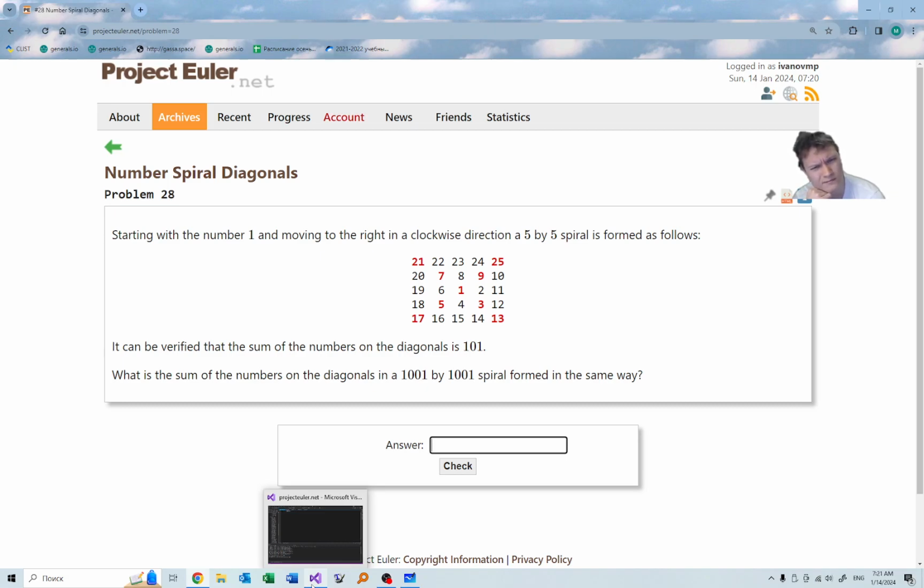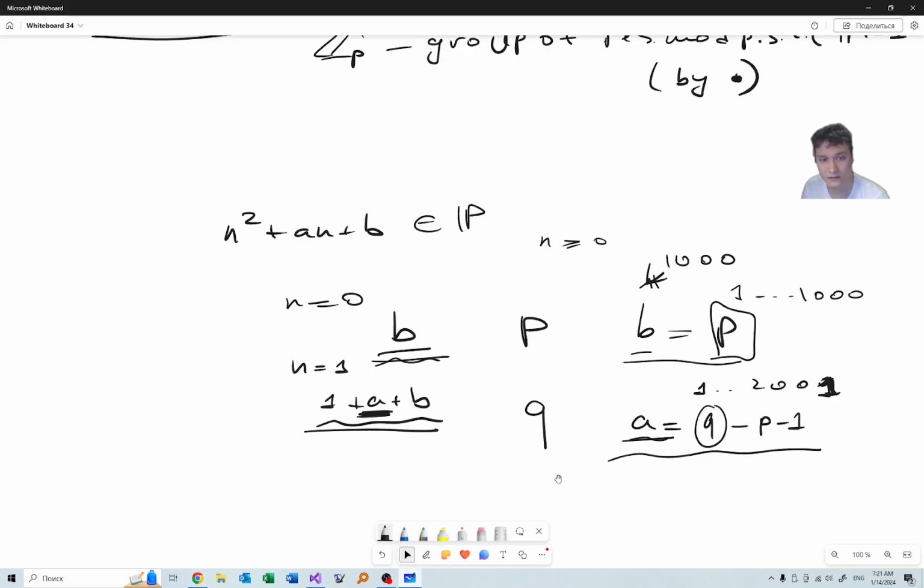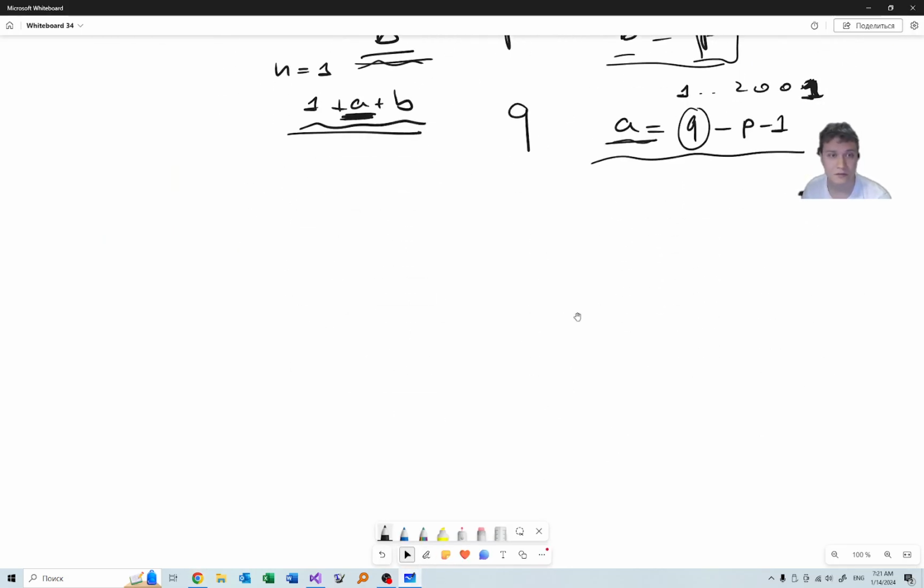Or no, let's not construct all this spiral. Let's only look at these numbers, because I feel like I'm too lazy to do it by hand, like write the whole function. So let's turn on our brain for a little bit.